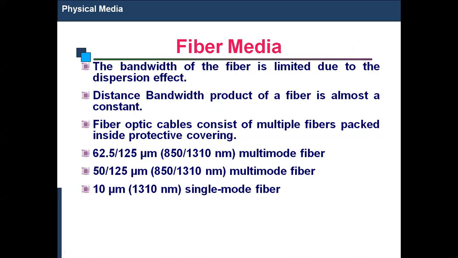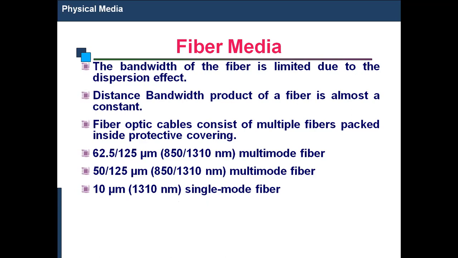Single mode fiber and multi-mode fiber have types based upon the radius of the core: 62.5/125 micrometer multi-mode fiber, 50/125 micrometer multi-mode fiber, and 10 micrometer single mode fiber. Based upon these different radii, we discuss these three.